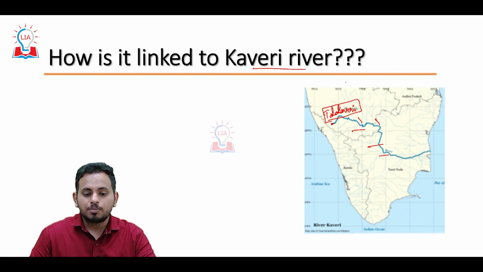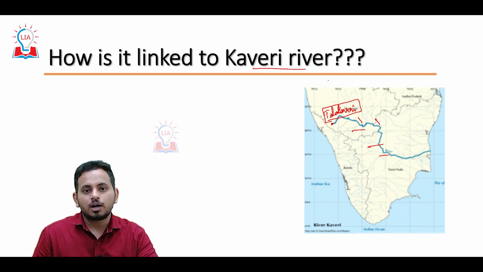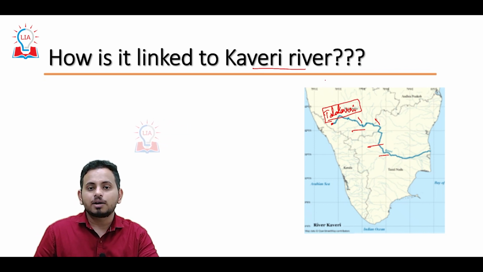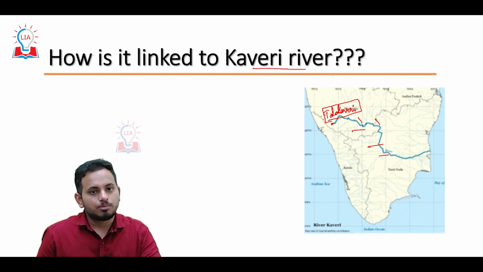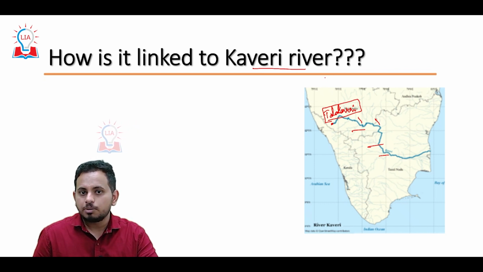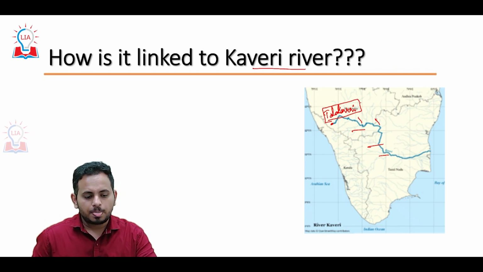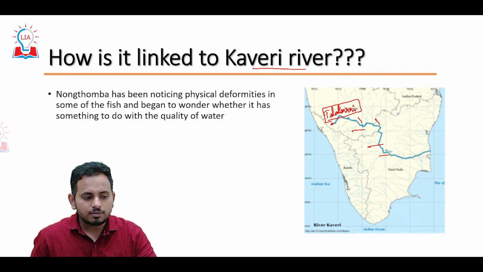If you keep revising like this, it becomes really easy for you to remember. If you just sit one day and try cramming or memorizing the tributaries of all important rivers, then trust me, it will not be easy. Now we have got this in use. Know the tributaries, left bank and right bank tributaries of river Kaveri. And how is it linked to river Kaveri? You can see here.